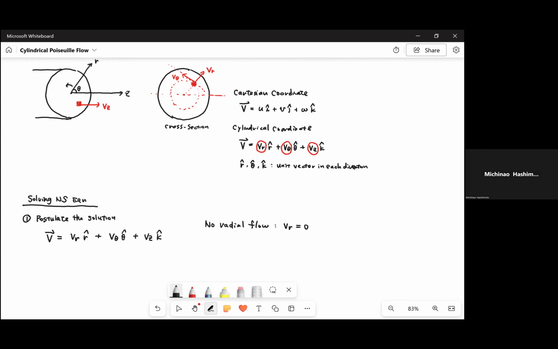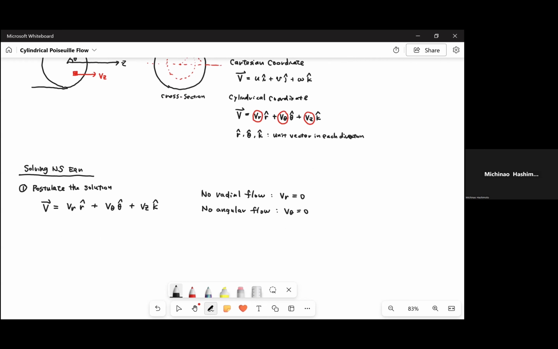Of course, those fluid particles do not try to go outside. So V_r is zero. Similarly, no angular flow, which gives you V_theta also equals zero.